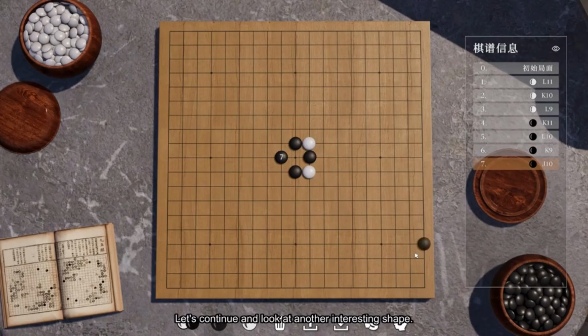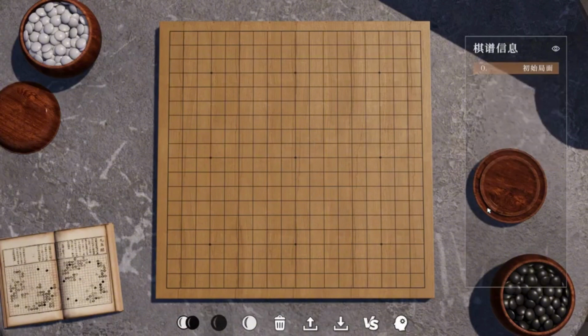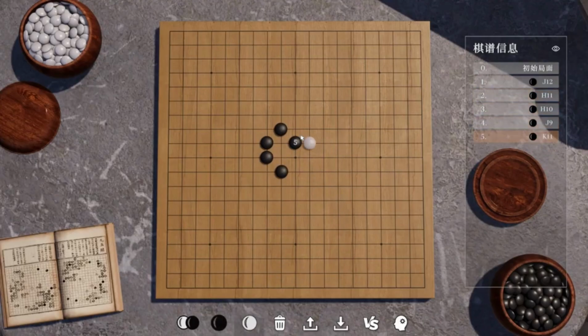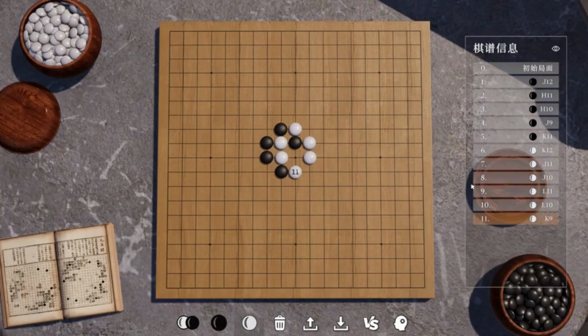Let's continue and look at another interesting shape. Similarly, it is a shape where black and white are in mutual Atari.